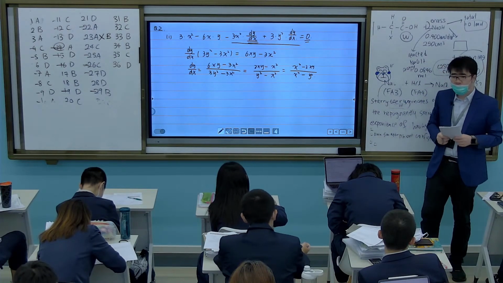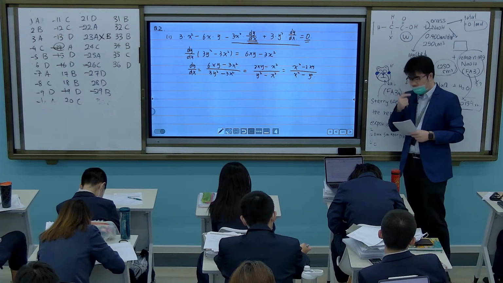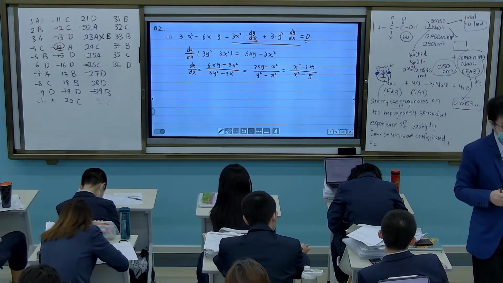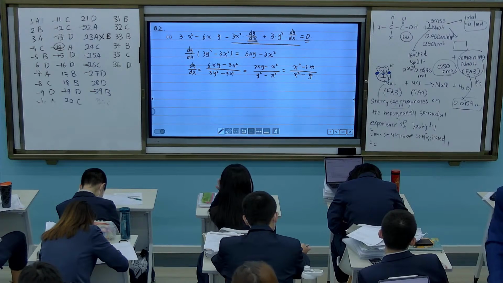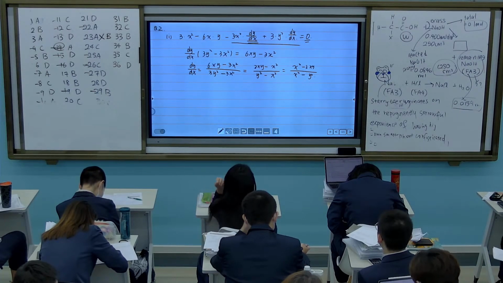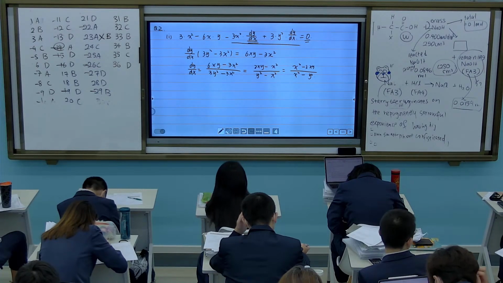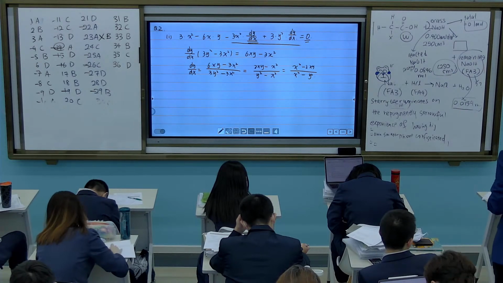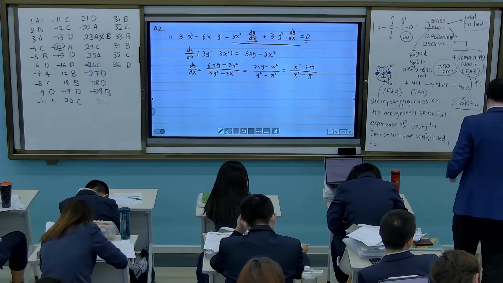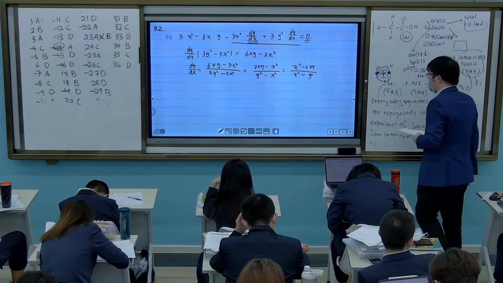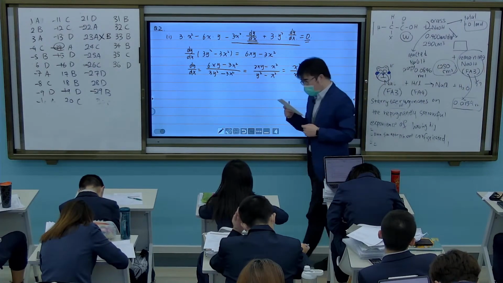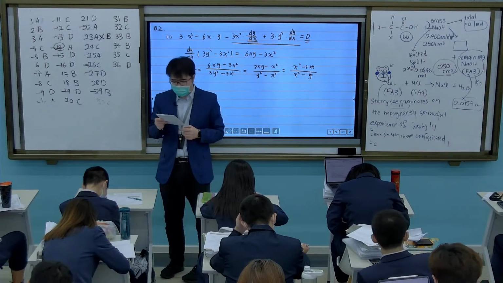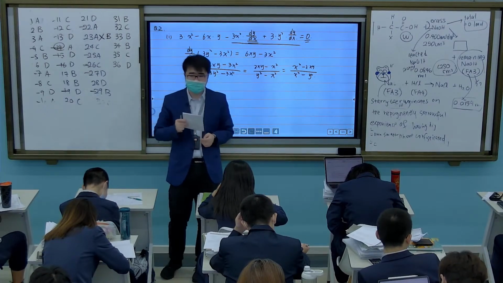Any question? And now part 2, find the coordinates of the point on the curve where the tangent is parallel to the x-axis.